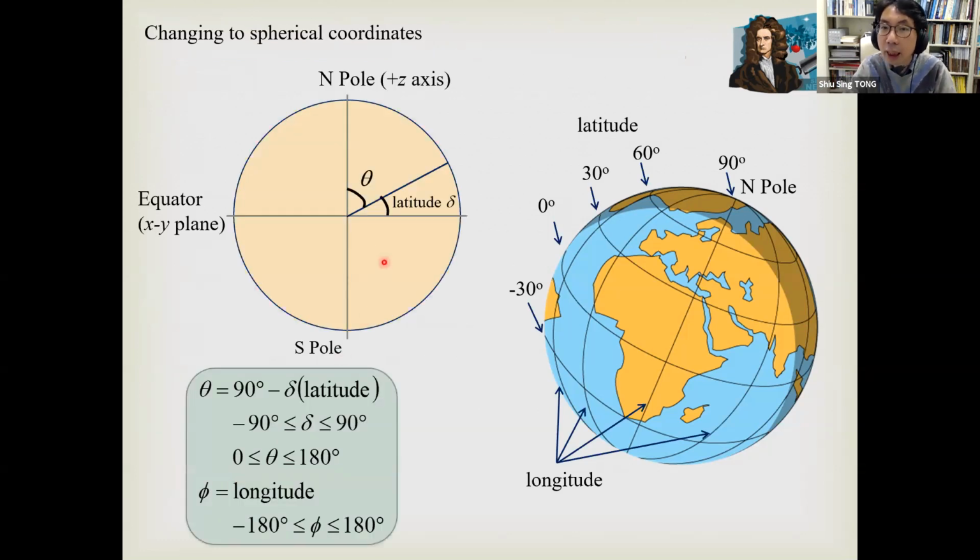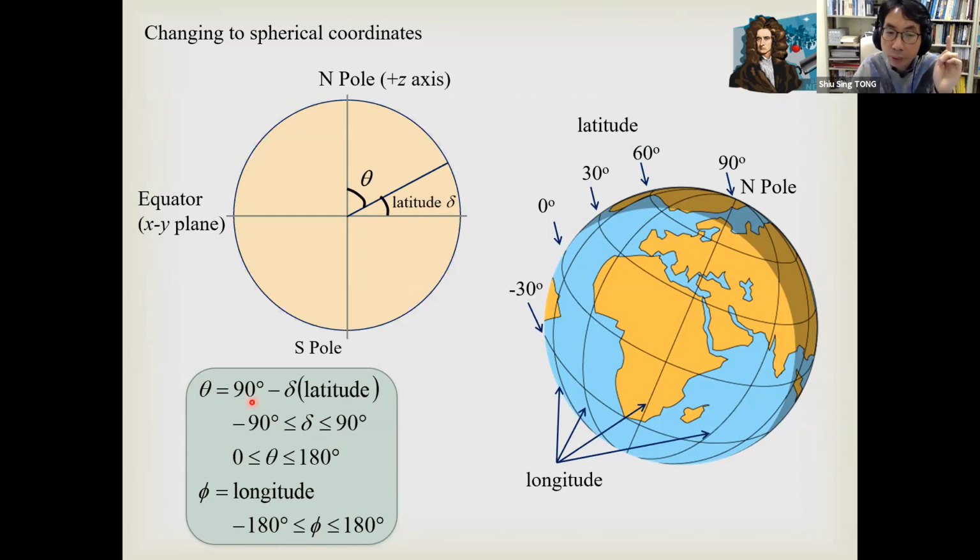And you can easily see that, if I define the axis pointing to the North Pole as the Z axis, then this angle will be theta in spherical coordinates, right? And this angle is latitude, right? So theta and delta, the latitude, are complementary angles.